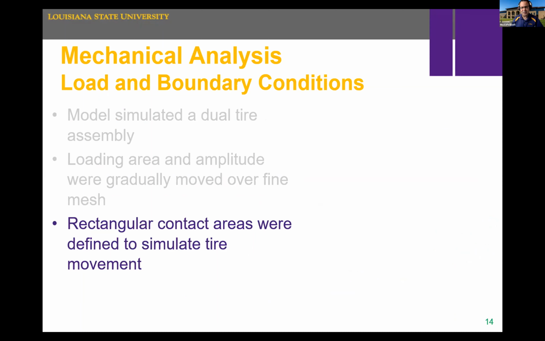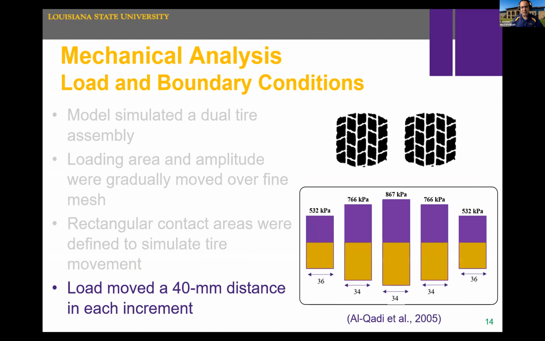The footprint of the tire was obtained from a previous study, and these are the non-uniform tire contact pressures. These were measured in a previous study, and we simulated exactly the same loading area in the finite element model.